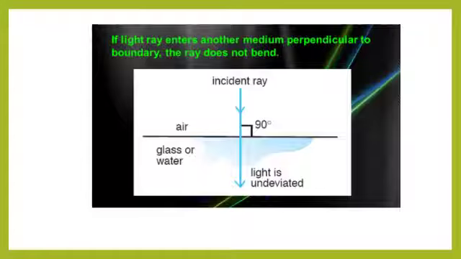It is the same as for the law of reflection: when a ray of light passes along the normal, it does not deviate. Like that, when the incident ray falls along the normal or at 90 degrees, there will be no deviation in light rays.